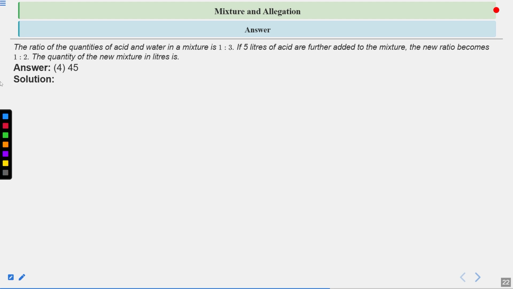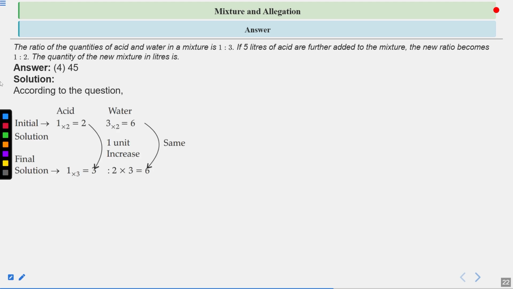Now see the detailed solution of this question. According to the question, the ratio of acid and water initially is 1:3 and the final should be 1:2. So what can we do? We make the water quantities equal, because we add 5 liters of acid to the mixture.